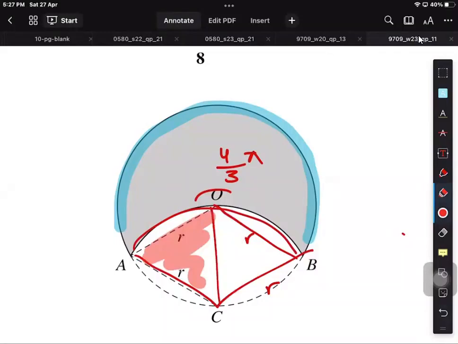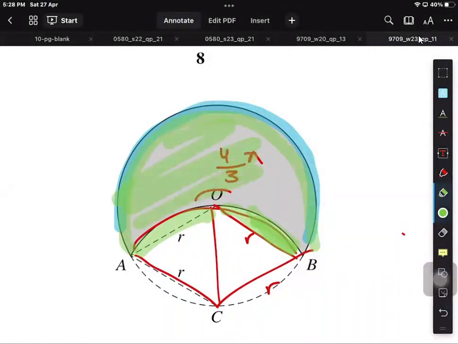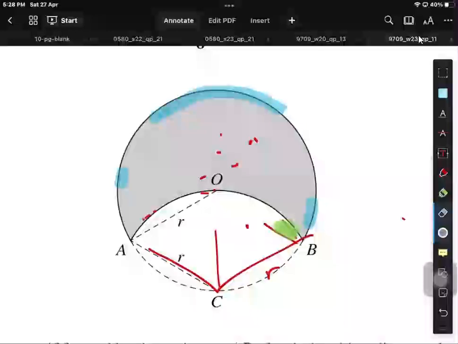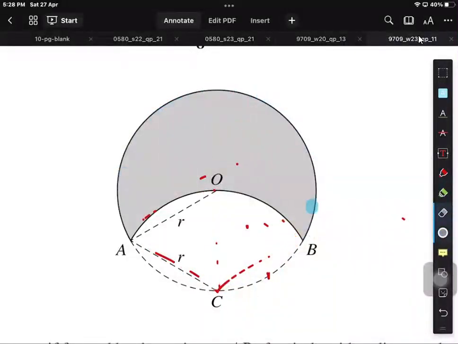If we subtract these two triangles, you would only get this part, right? This green part I'm shading would be all that is left after we subtract the area of the two triangles from the sector. And after we have found these two green areas, we can subtract them from the area of the larger sector, and then we would have our answer. So I know it seems a little complicated now, but let's do it so we can have a clearer idea of how this works.